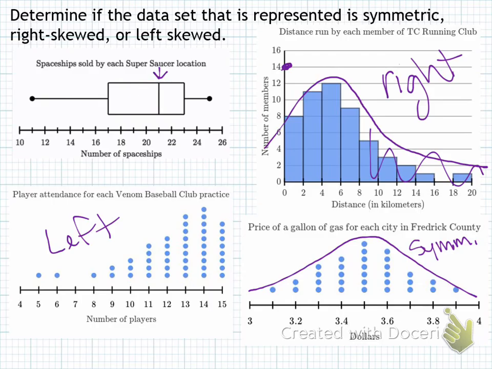These would have equal little boxes on both sides. The whiskers would be an equal length, right? But instead I have extra numbers that are below, right, on the left side. So again, those numbers kind of shift the average of the data to the left.